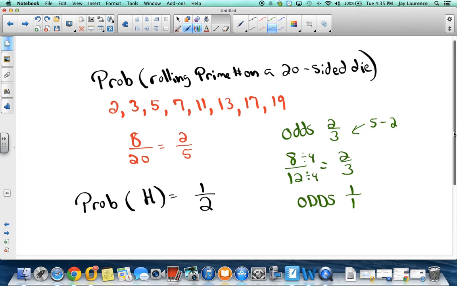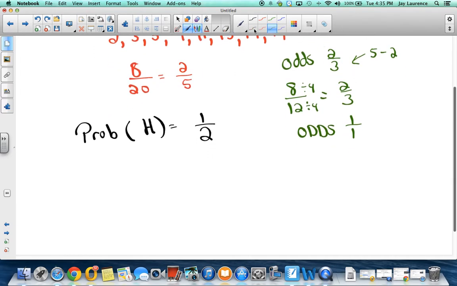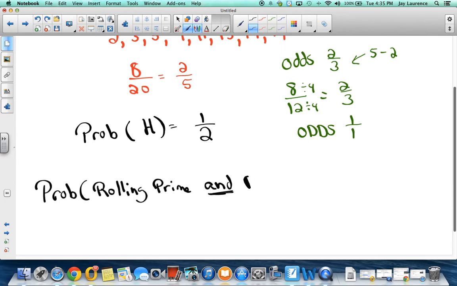Now, just to see if you could figure this out, let's say we're going to roll the die and flip the coin. What's the probability of rolling a prime number? Again, we're on a 20-sided die, and flipping a heads. What's the probability?